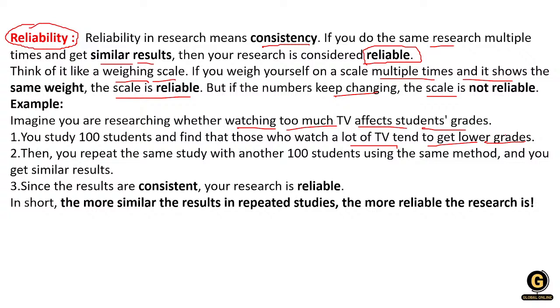Getting it? You have followed the same method, done the same thing with the students. Clear? But you have got similar results. So that means it is called reliable. Your result is the same. You are following the same procedure and you are getting the same result. That is called reliability. Clear?